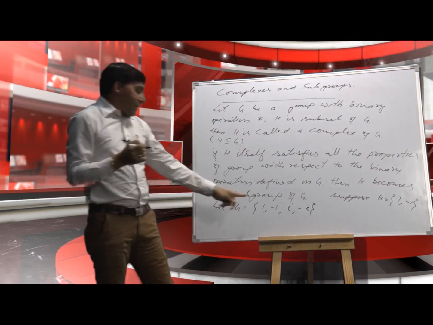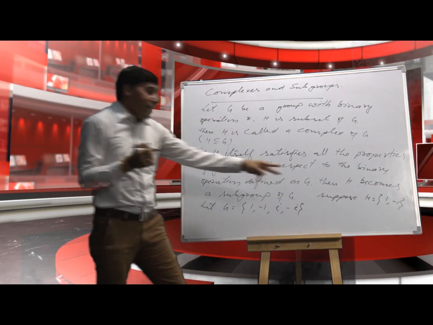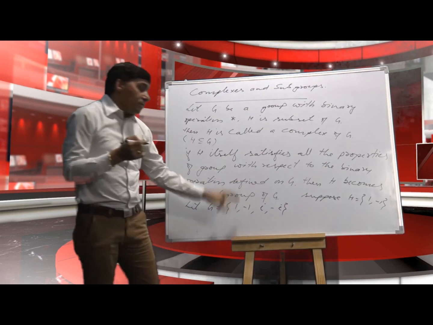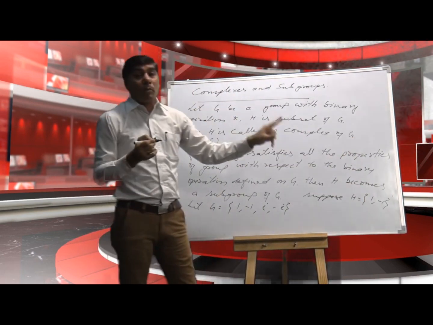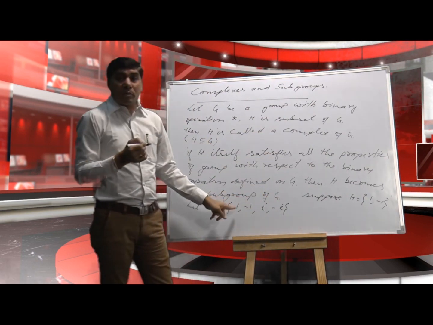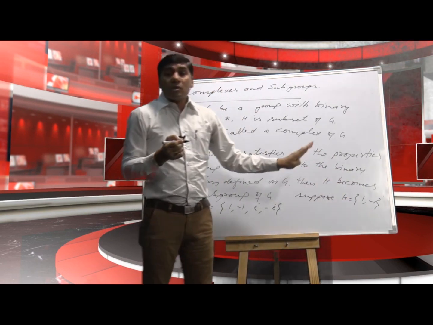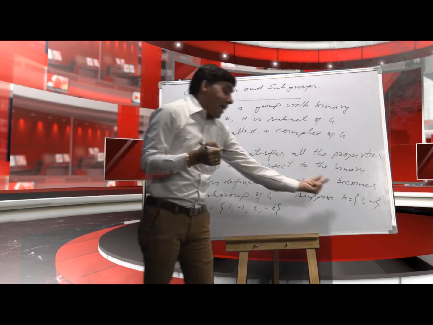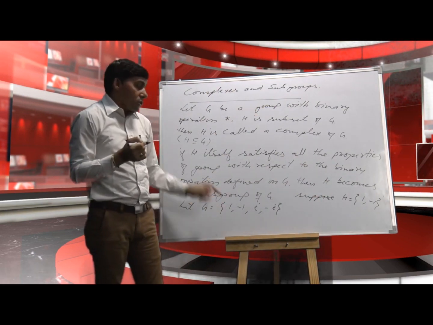Then H is a subset of G. That means every element of H is an element of G, and H itself satisfies all the properties of a group with binary operation multiplication. Then H becomes a subgroup. So in this case H is a complex as well as a subgroup of G.